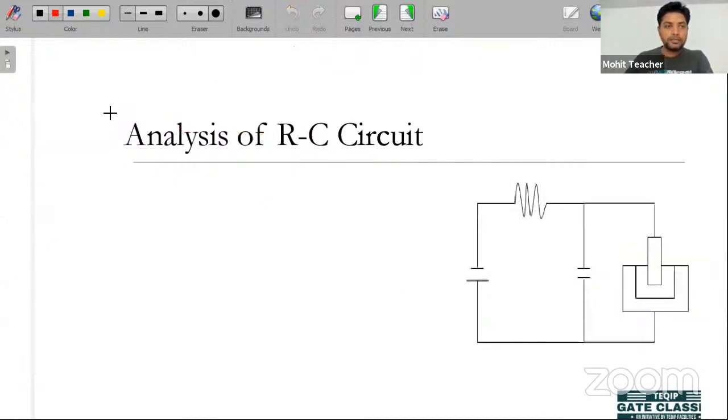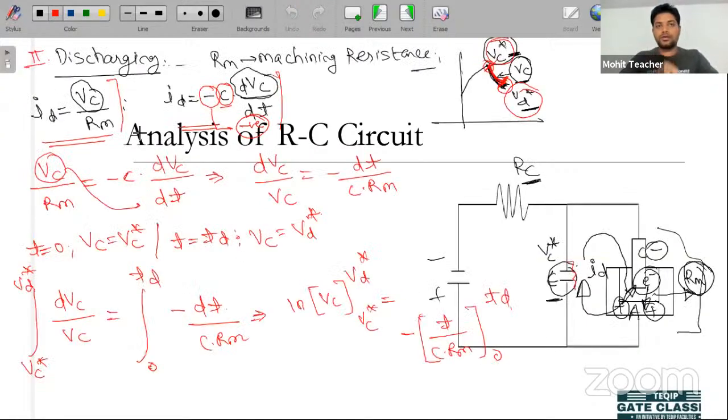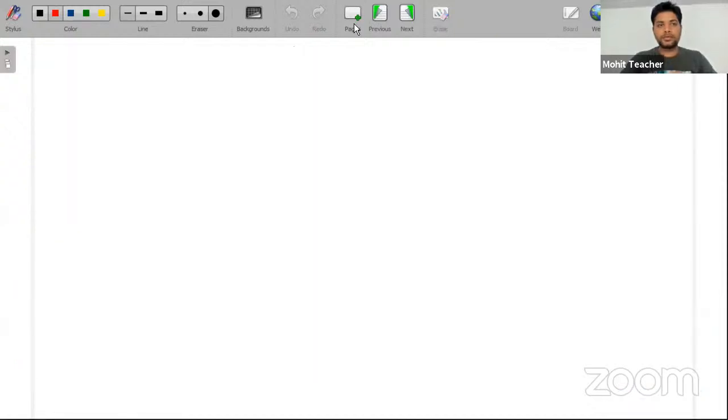So this will become ln first, that is VD star, ठीक है, minus ln VC star, ठीक है.